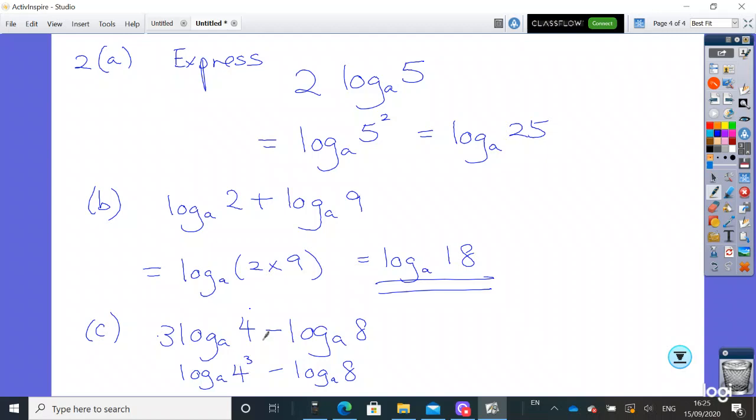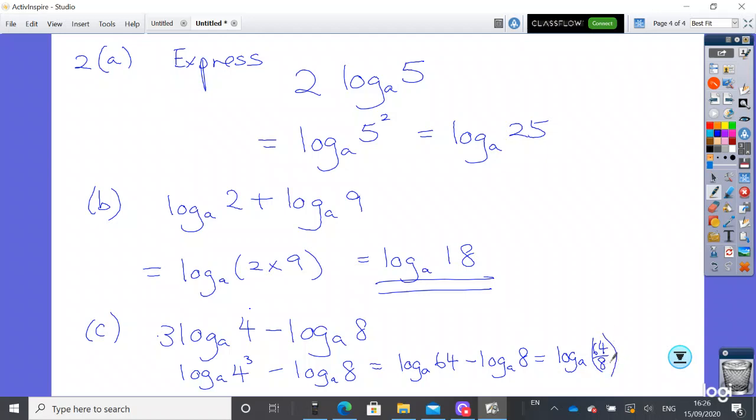Now 4 to the power 3 is 4 times 4 times 4, which is 64. So that comes to log base A 64, take away log base A 8. When you subtract 2 log values, you can divide them. When you add 2 log values, you have to multiply the terms. So divide is from the takeaway version. So I can simplify that to A 64 over 8.